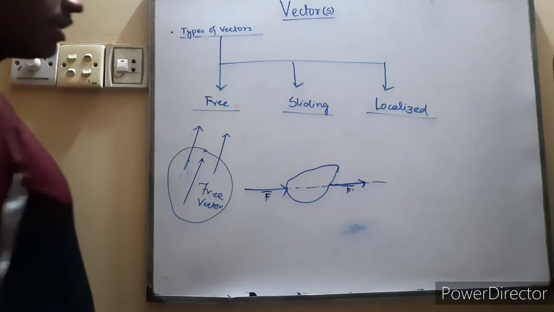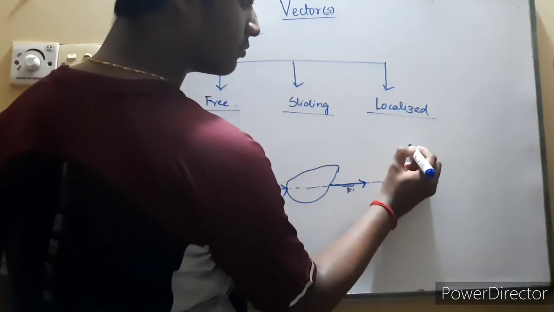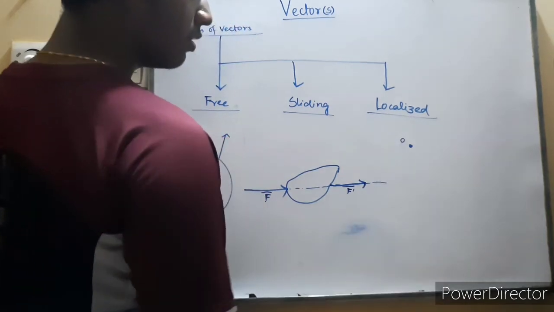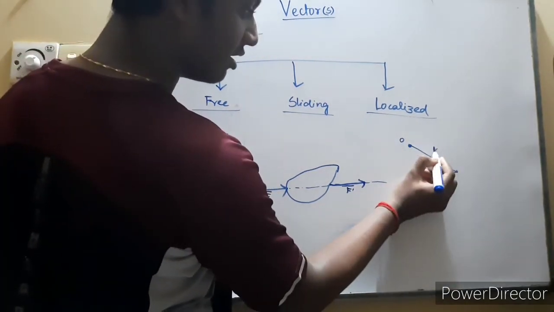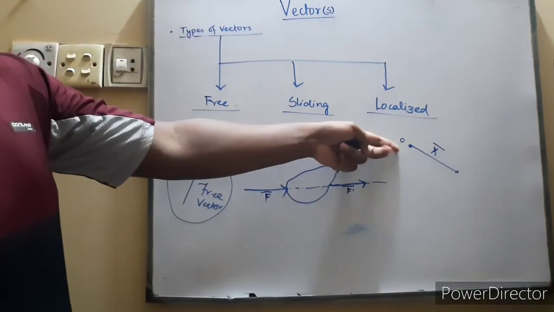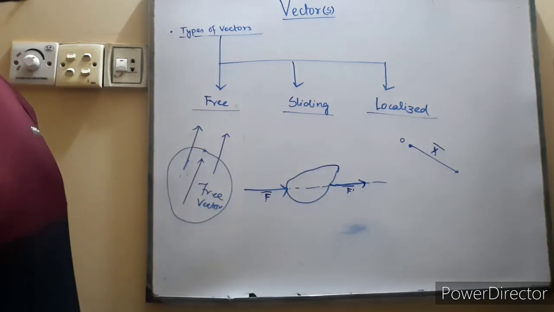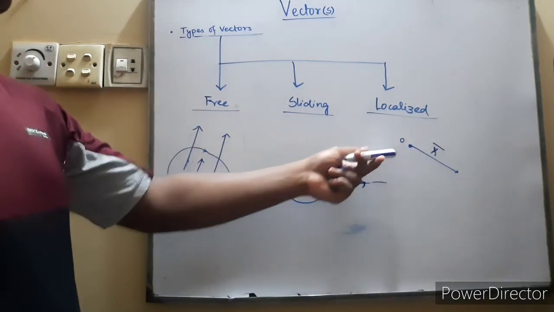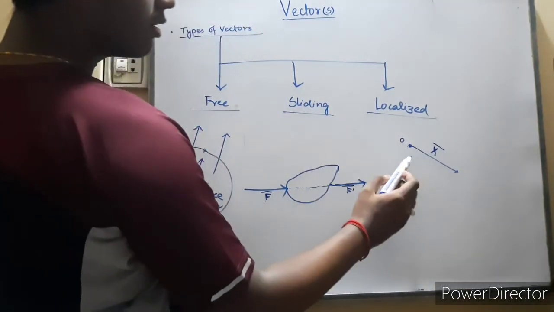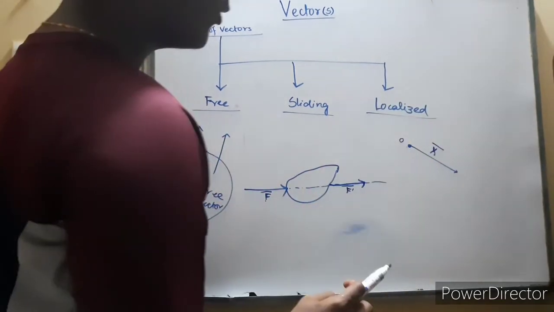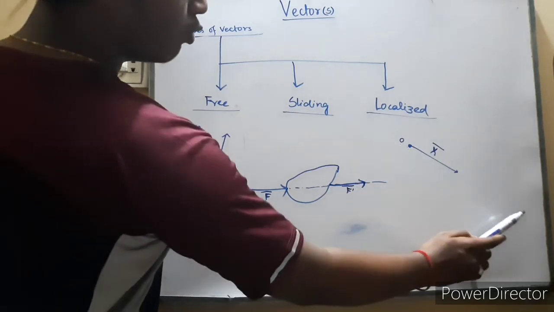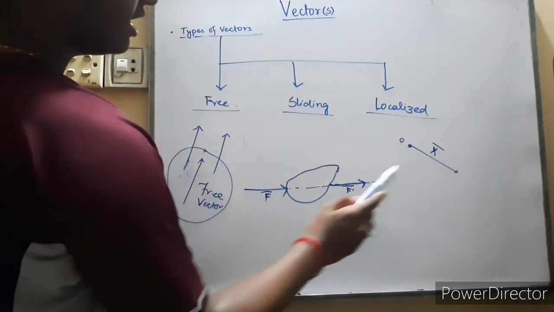Coming to localized vectors. Suppose this is a particle body and a vector, say vector x, is acting on this particle body. This force vector x cannot be slid anywhere. It cannot be moved in the 3D volume. It cannot be moved along the same straight line, so it is not a sliding vector.